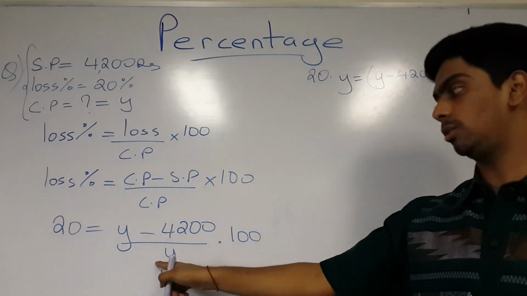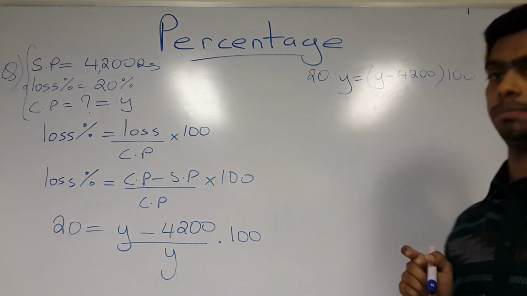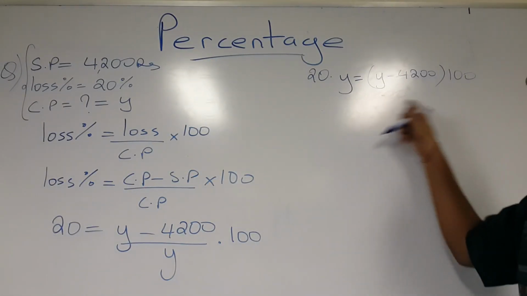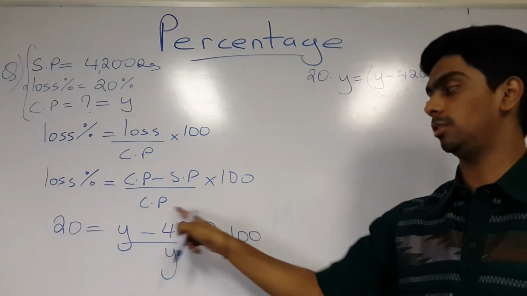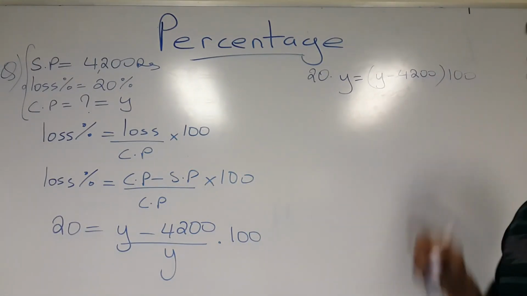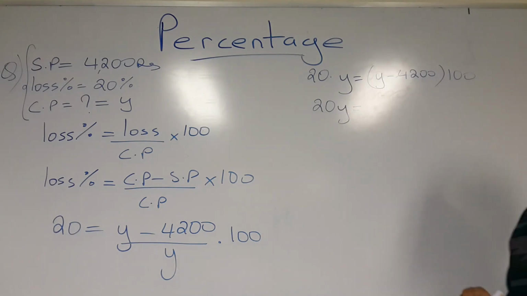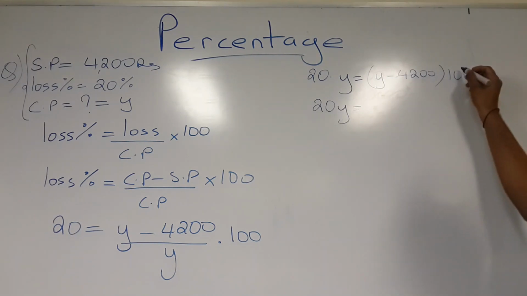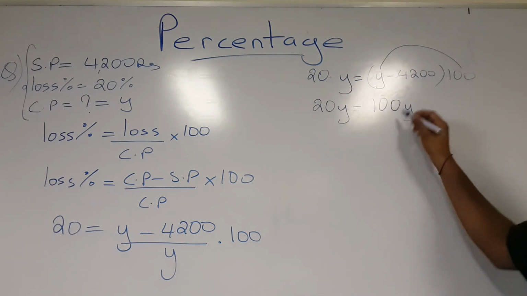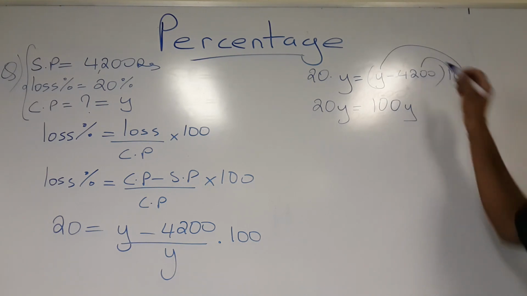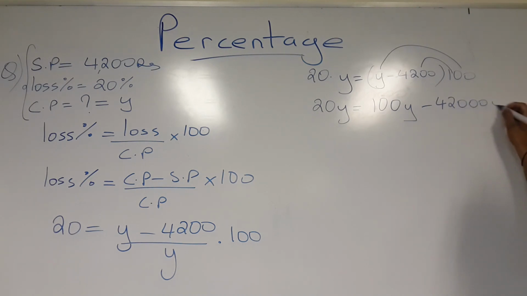So what we did again here was we transposed this Y to the left hand side, and on the right hand side we just copied it down. Now here it's very important to put a bracket because this 100 is being multiplied with both of these terms inside the bracket. 20 times Y will give us 20Y, and again using distributive property we break down the brackets. 100 multiplied with Y will give us 100Y, and 100 multiplied with minus 4200 will give us minus 420,000.